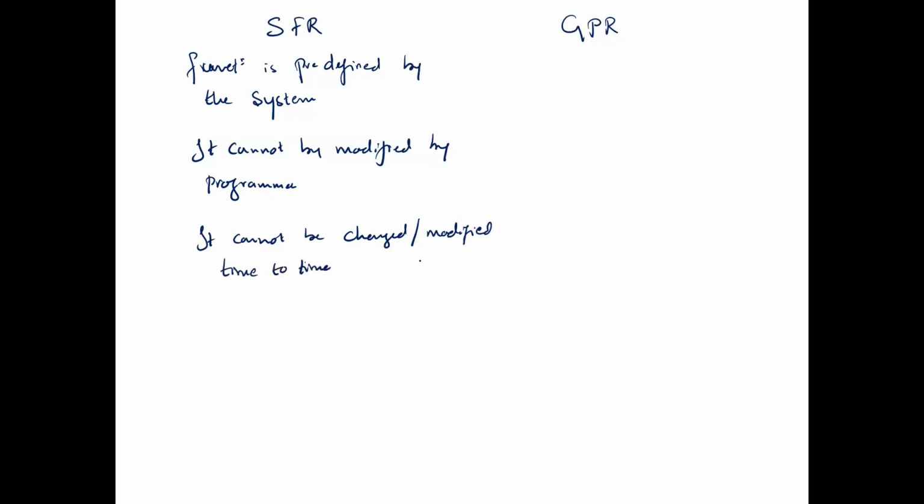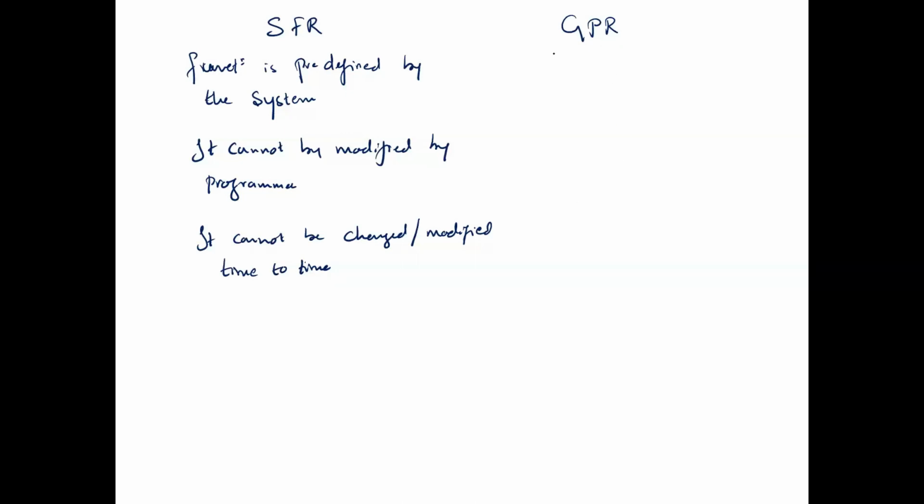Time to time means that even if the same system is used for another application, it will not be changed. Once it is manufactured, that's it. The meaning is fixed forever, even if you develop a different application on that processor, right?